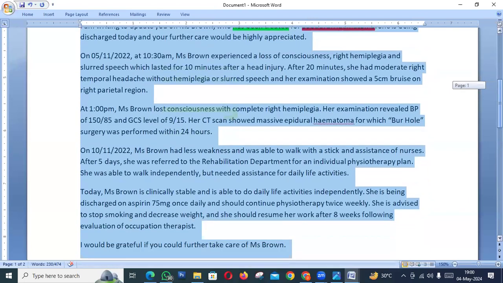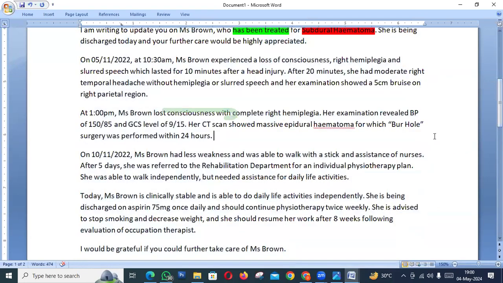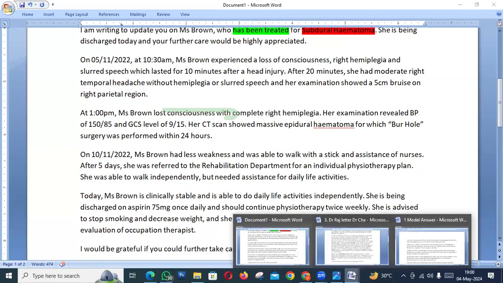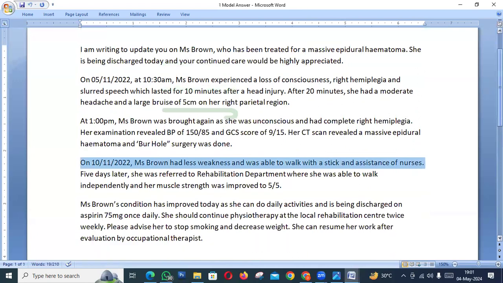Okay. It's still long. Sir, excuse me, what's our word count limit? Word count limit you can write between 180 to 220. But in OET, they have no fixed rule. If your word count is a little bit high or a little bit low, overall you should be concise. You should not write irrelevant information. But still, we can make it concise, less than 220. It is possible. I will show you a model answer which is less than 220. Okay. 210.